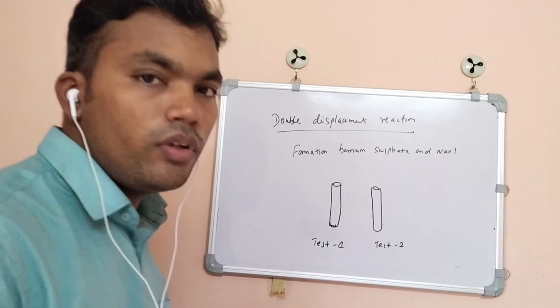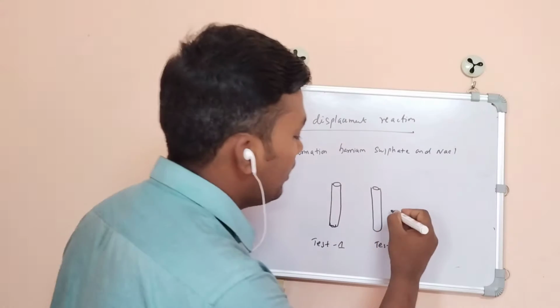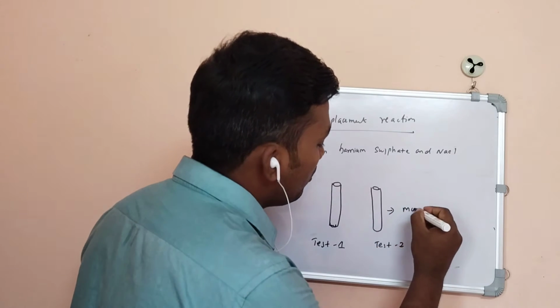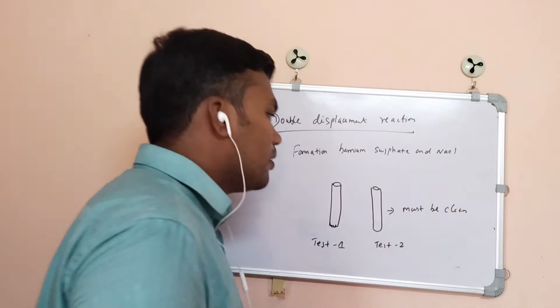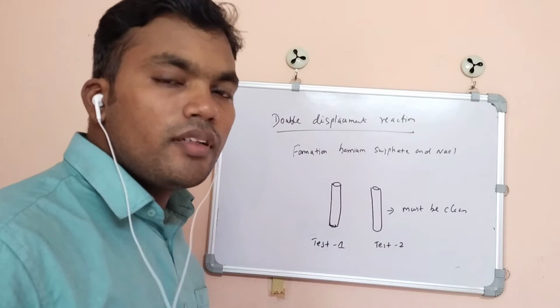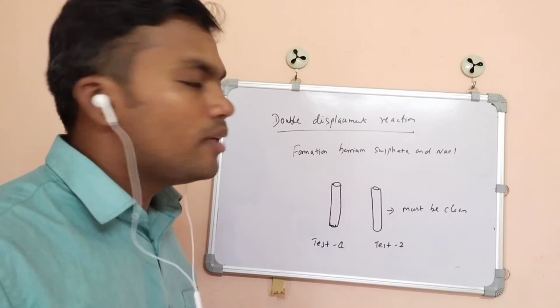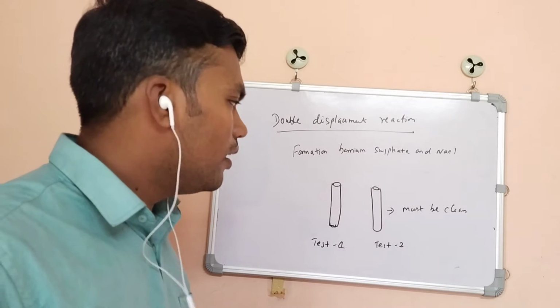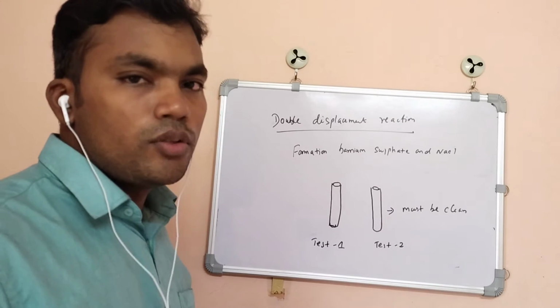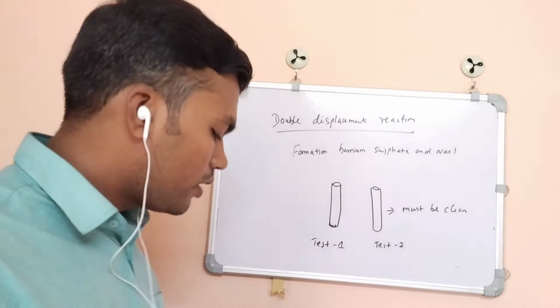Before you perform this experiment, the test tubes must be clean. Whatever experiment you perform in your school laboratory, all the chemical apparatus must be cleaned thoroughly with soap water.